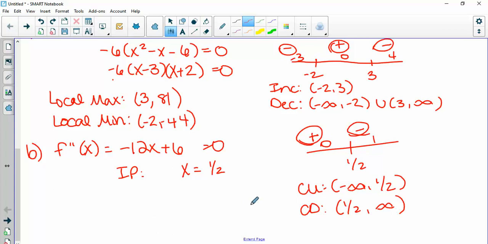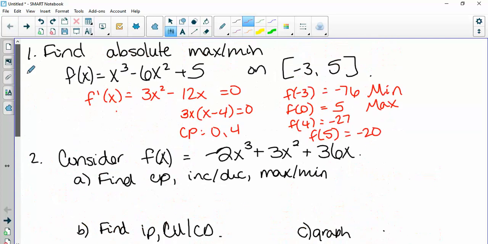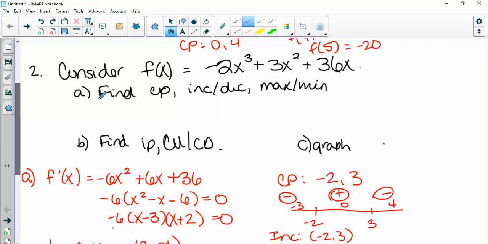Okay, so then when you plot this inflection point, you need an actual ordered pair. So to get that, you have to plug the 1/2 into the original. So tell me what that is. Anybody plug 1/2 into the original?